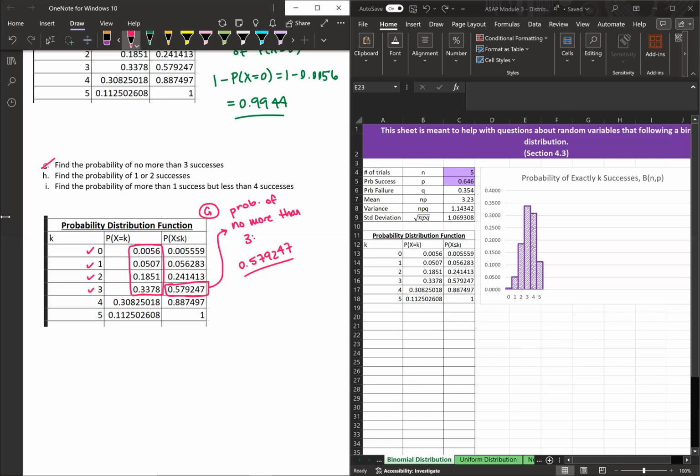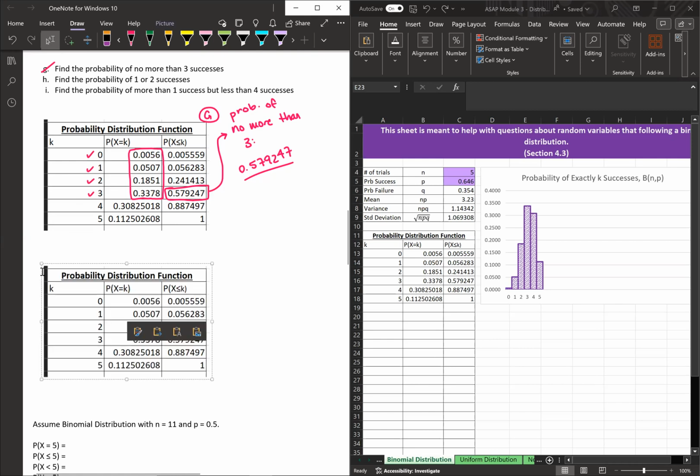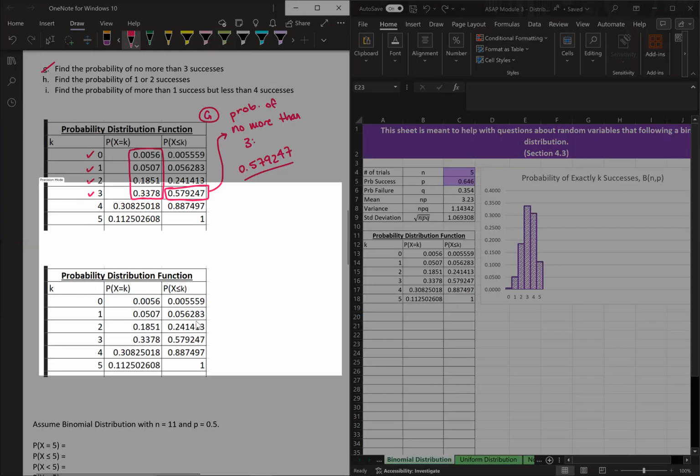Let's do H. Probability of 1 or 2 successes. This one is very straightforward. Capital P for probability, in parentheses, what's happening, probability of 1 or 2 successes. I need this guy and this guy. There's no fancy trickery here.